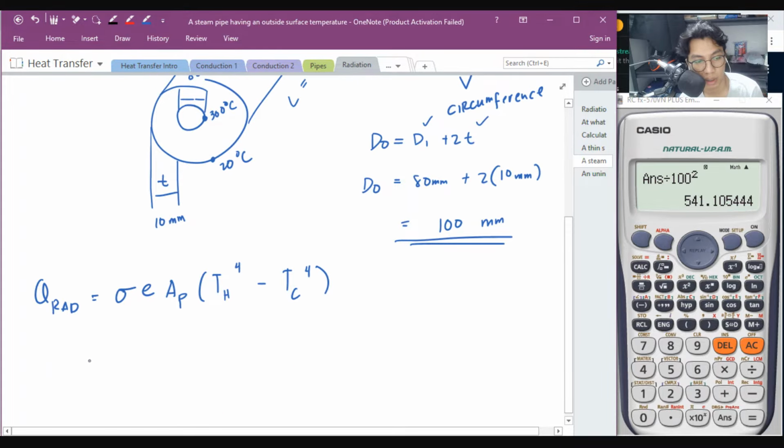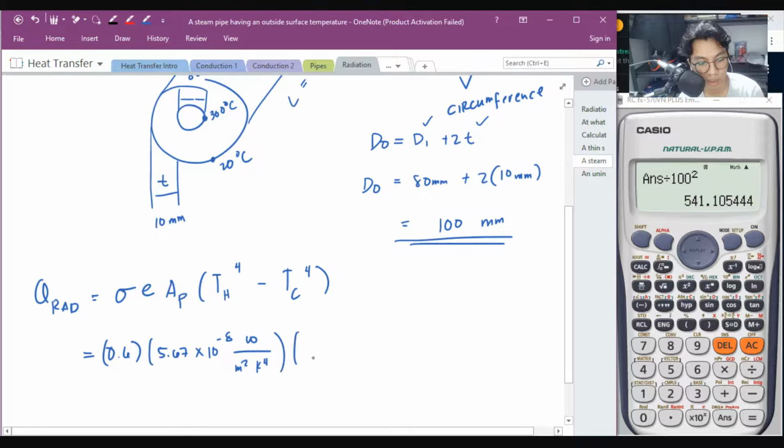Yan. So, the radiative heat loss per pipe length is five meters. So, 0.6. You multiply it with E. Yan ang E. 5.67 times 10 to the negative 8 watt per meter squared, Kelvin to the fourth.